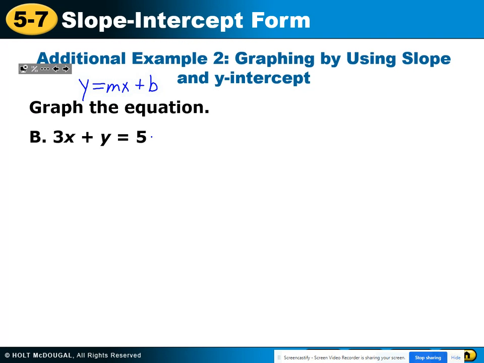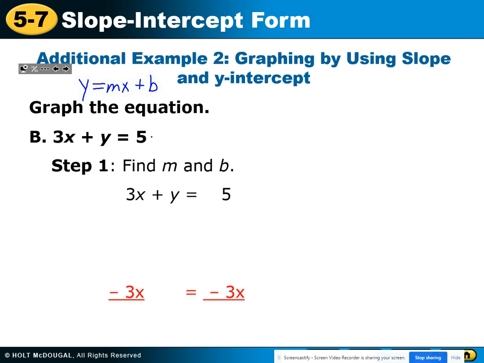3 times 5 equals y. Okay, 3 times 5. How did we get there? Okay, so you may want to watch them. All right, find the m and the b. Okay, this is not written right. So, do you see how they subtracted 3x?